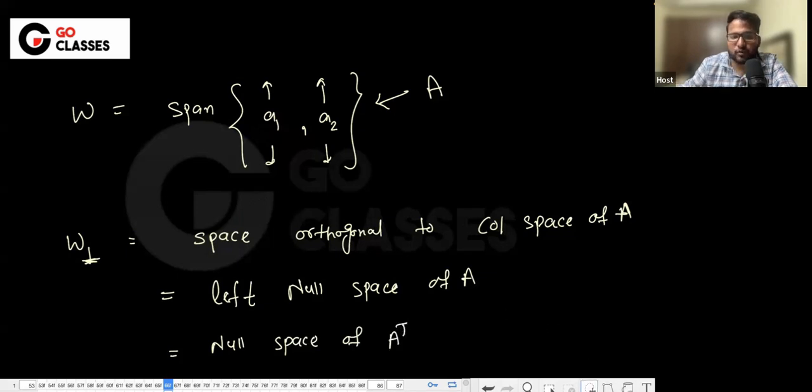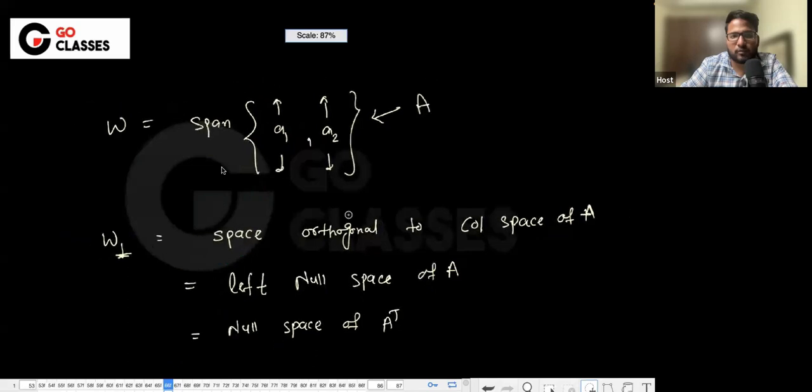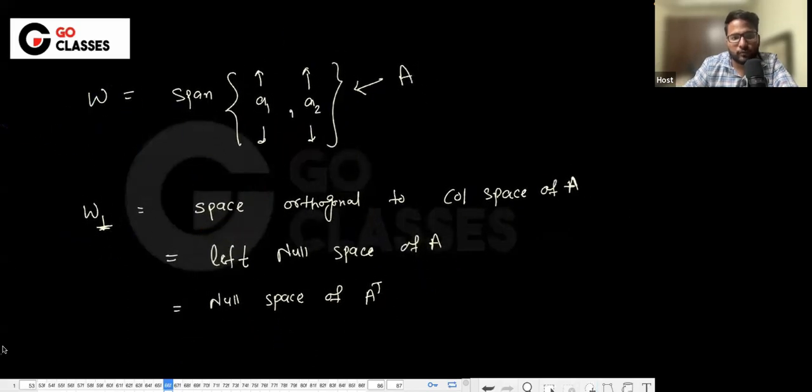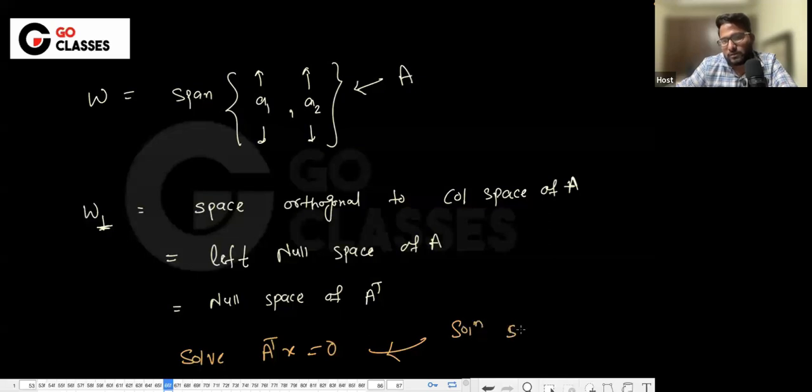So if they ask you to find out what is this W orthogonal, then what you do? You just solve A transpose X equal to 0, right? The solution spans W orthogonal. Okay. Is this fine to everyone?